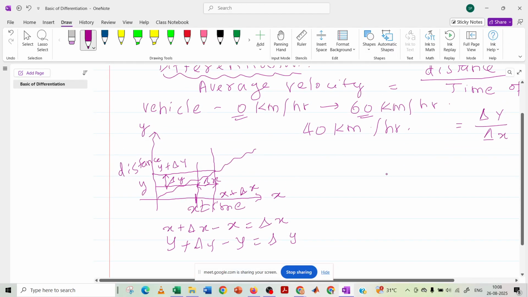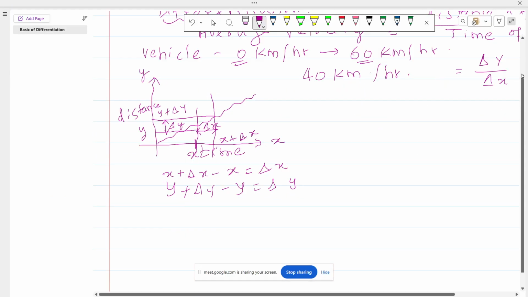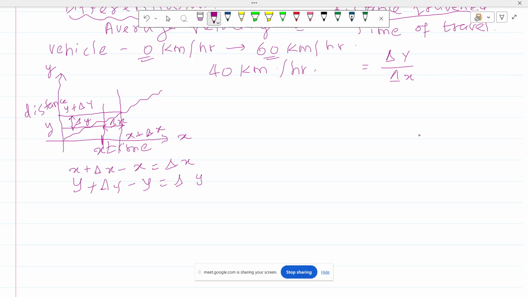So delta y by delta x is there. Then generally we can write this differentiation as dy by dx, where y is known as the dependent variable.